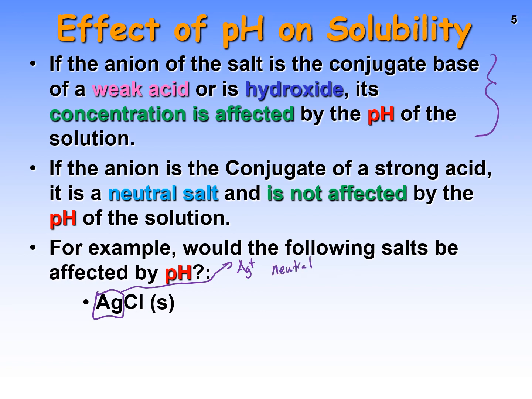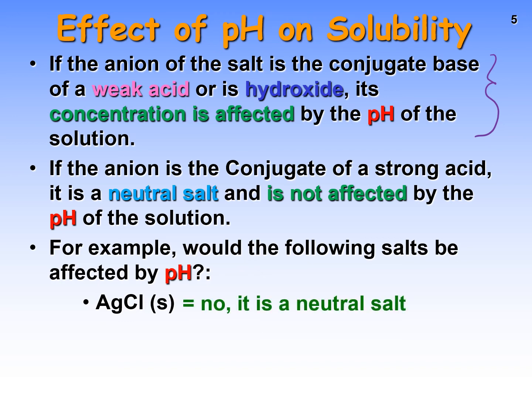It's one of the neutral cations we learned about in chapter 16. And Cl- is the conjugate of a strong acid, which means it's also neutral. So this salt, AgCl, is a neutral salt, which means that pH will not affect its solubility.